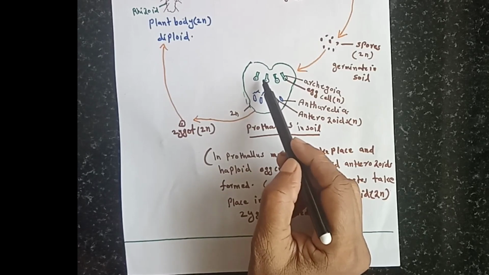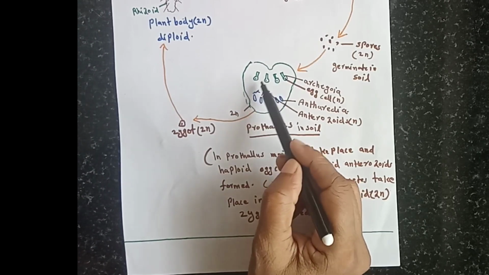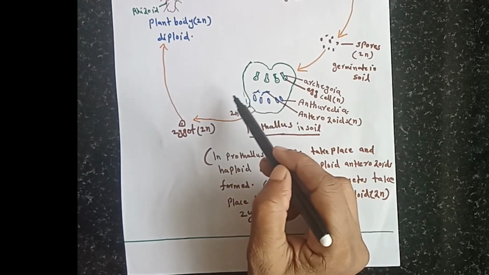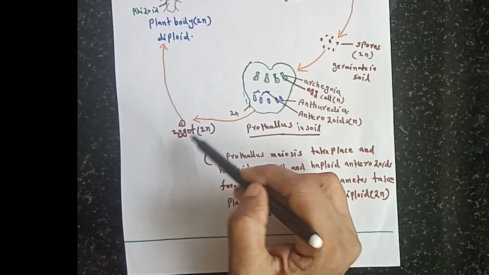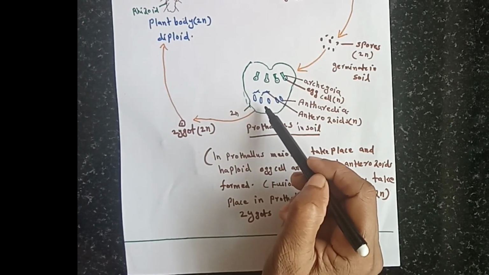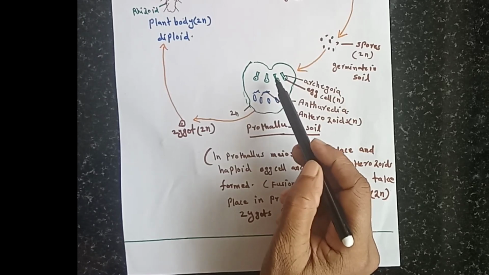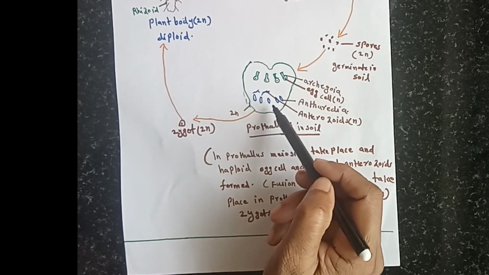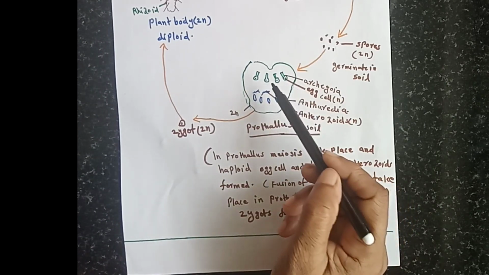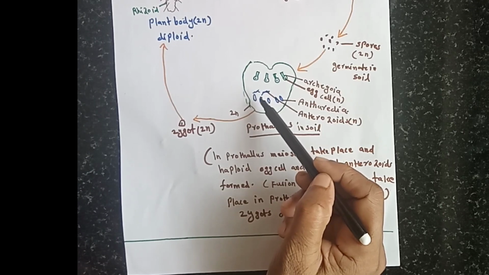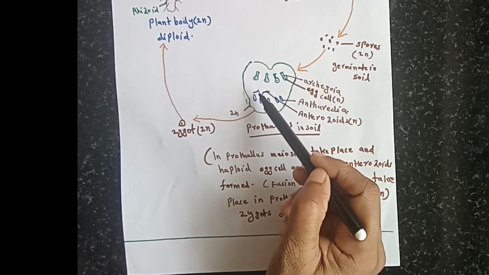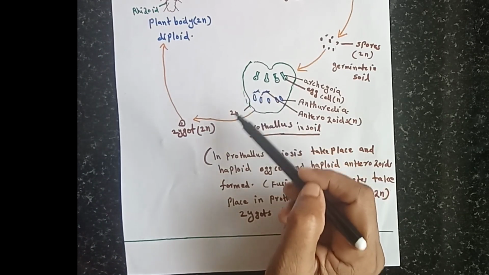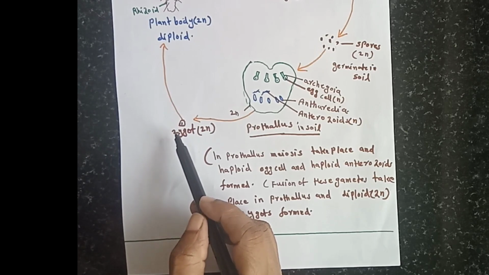Fusion of egg cell and anthrozoid takes place inside the prothallus to form a diploid zygote. These egg cells and anthrozoids are haploid because reduction division takes place in archegonia and antheridia. Again the fusion of haploid anthrozoids and haploid egg cells takes place inside the prothallus to produce a diploid zygote.